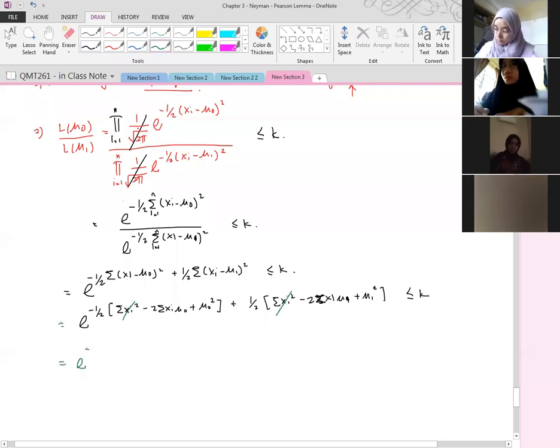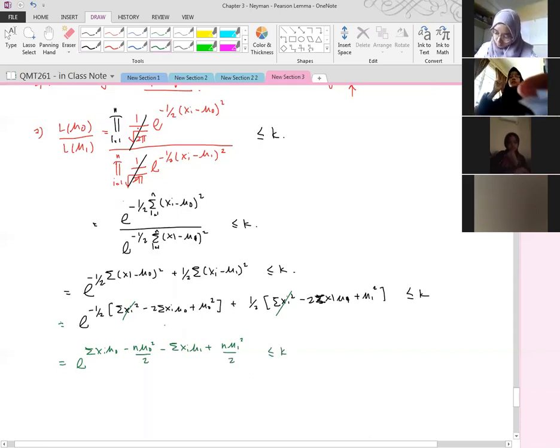So it becomes exponential, we need to do a simplification, right? So it becomes n mu naught squared divided by 2 minus summation of xi mu1 plus n mu1 squared divided by 2, less than or equal to k.